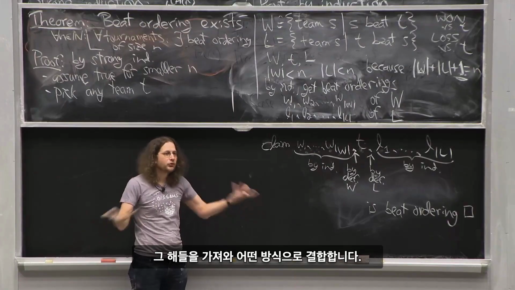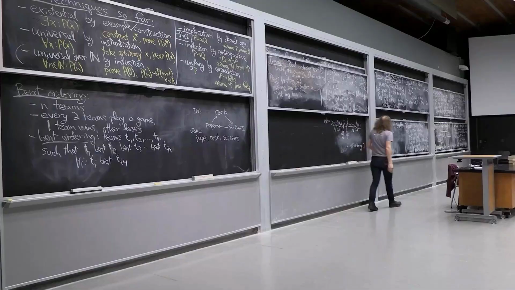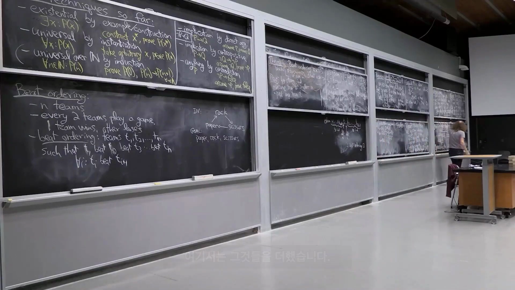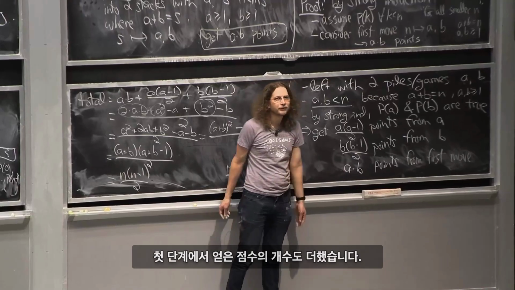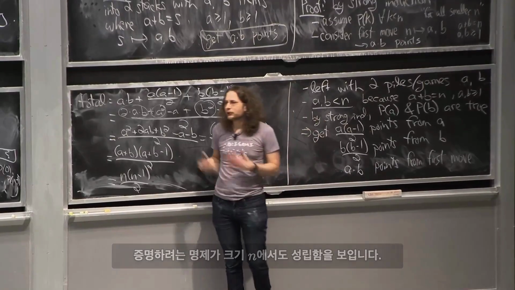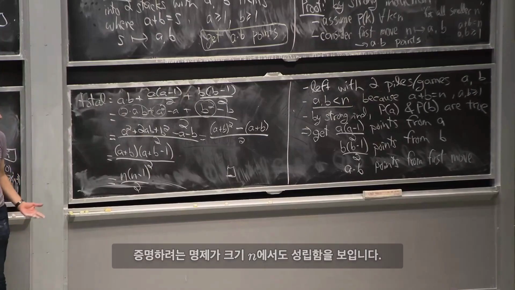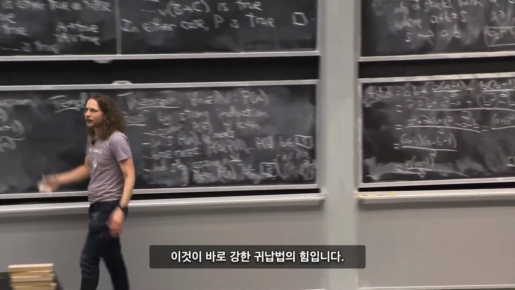You take those solutions and you combine them in some way. Here we concatenated with T in the middle. Over here, we summed them up. We summed up the number of points we got in each one plus the number of points we got in the first step. And in general, you combine them in some way and you prove that the thing you want to prove holds for size n, and then you get your theorem. So that is the power of strong induction.